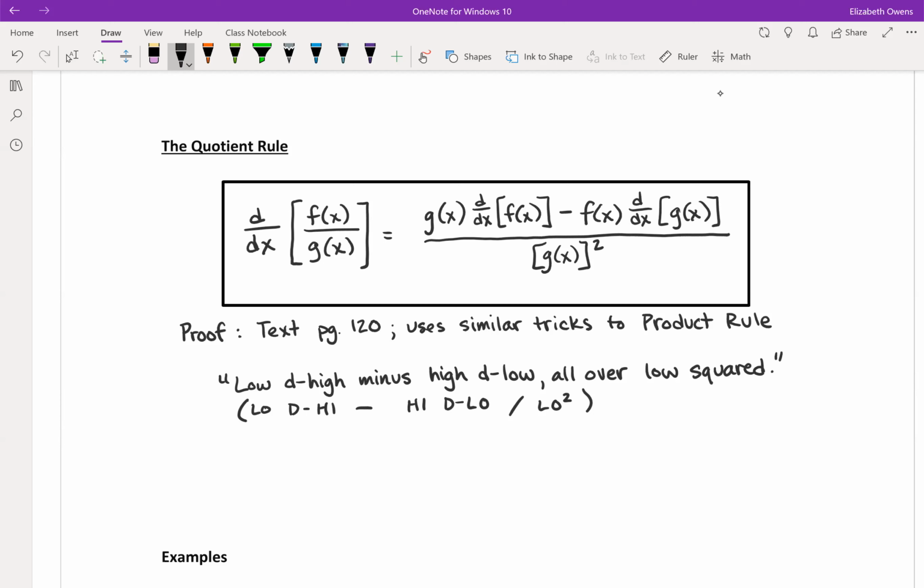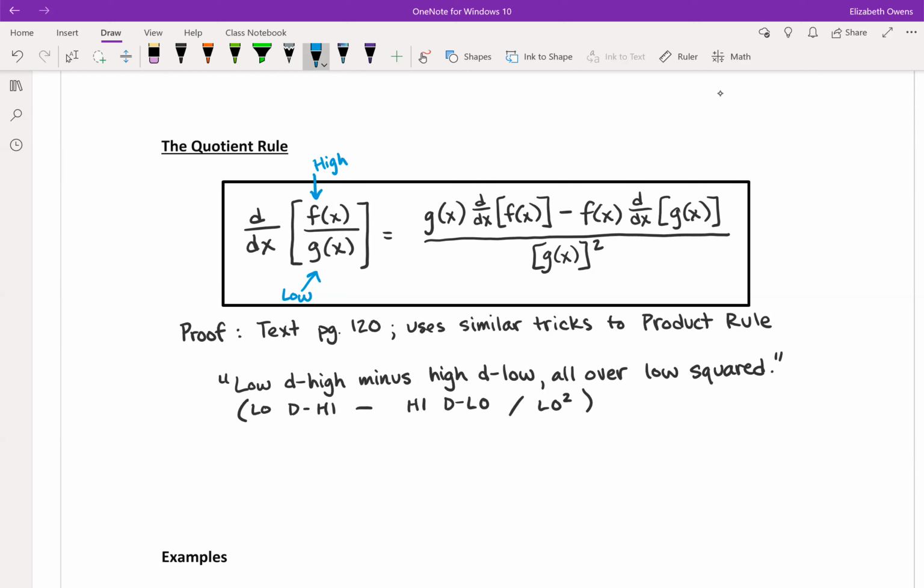For this low d high thing, what they're doing here is we're abandoning the f(x) and g(x), and just calling g(x) the low function because it's lower physically on the page, and then calling f(x) the high function because it's higher on the page, higher up in the quotient.